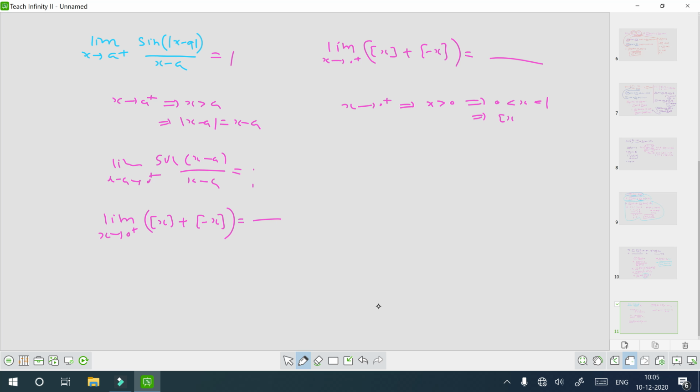So the integer part of x is equal to 0. Also x greater than 0 implies minus x less than 0, so minus 1 less than minus x less than 0. So the integer part of minus x comes out minus 1. So we get 0 minus 1, answer is minus 1. They can give the combination also, they can give product also, they can give division also.